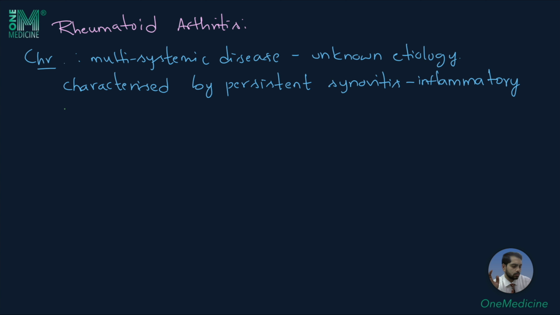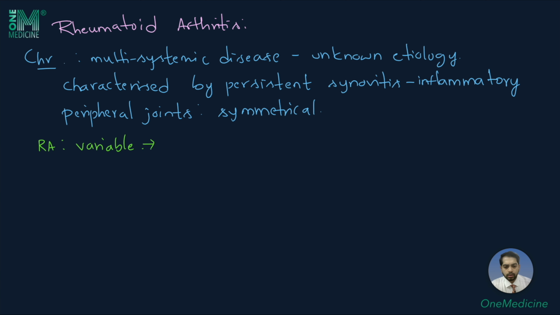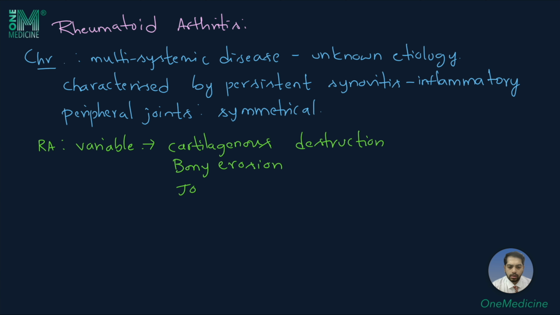The joints involved are usually peripheral joints and symmetrically involved. The disease course in rheumatoid arthritis is variable, but patients tend to have cartilaginous destruction, bony erosion, and joint deformity.